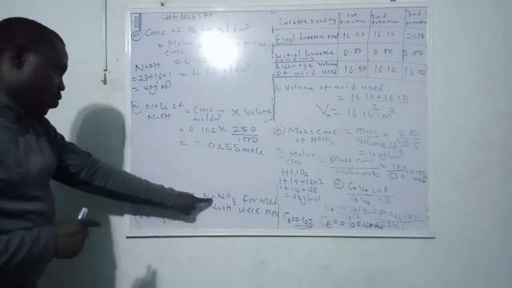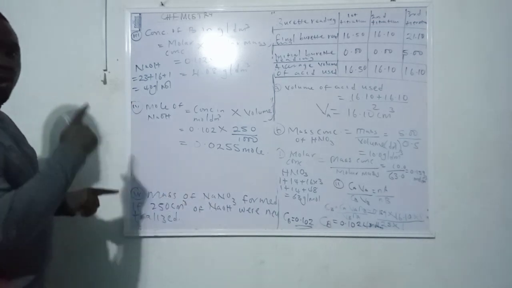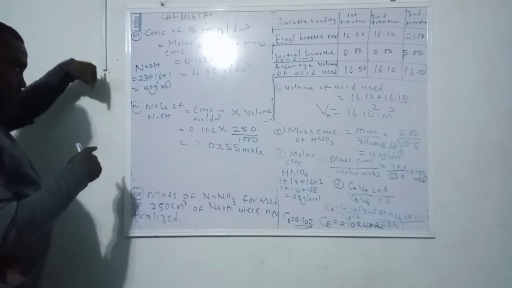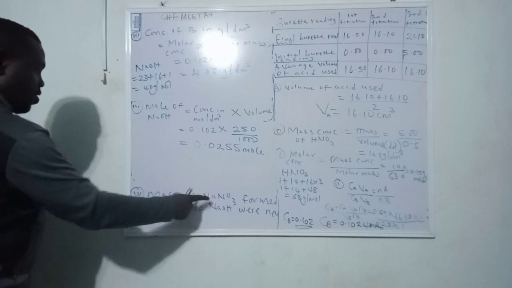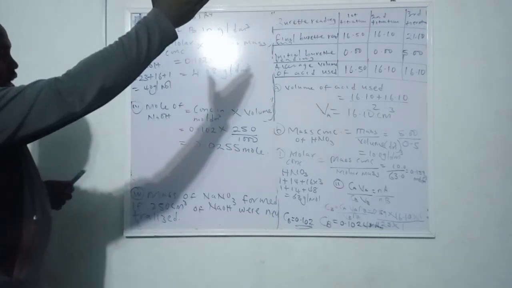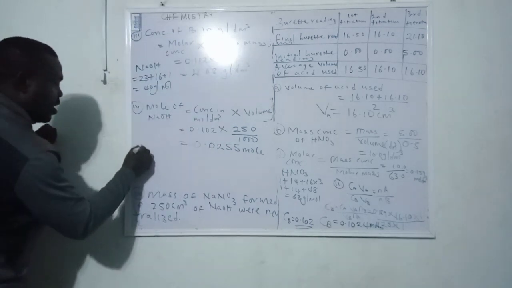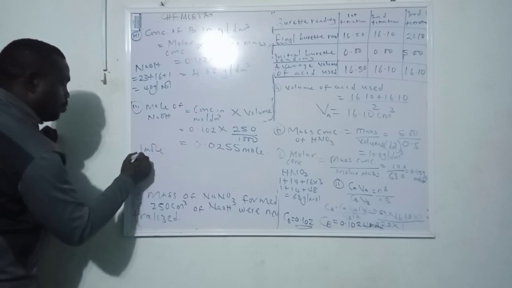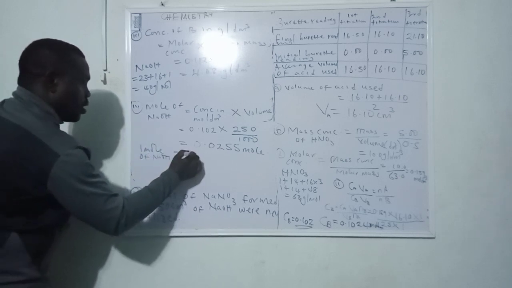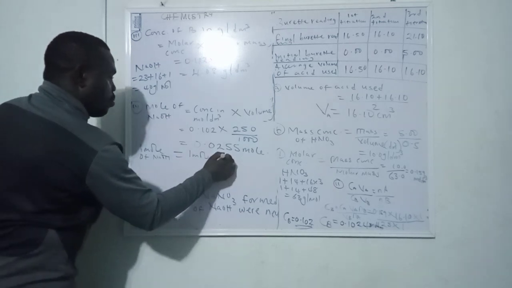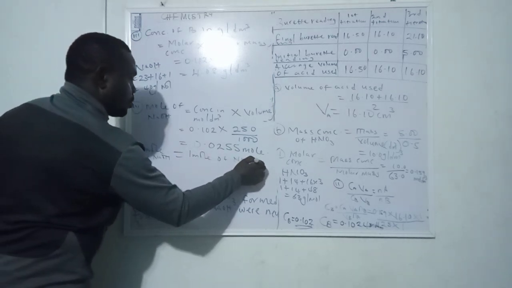Look at it. 1 mole of the base also gave us 1 mole of this. So we are saying that 1 mole of sodium hydroxide liberated 1 mole of sodium trioxonitrate 5.